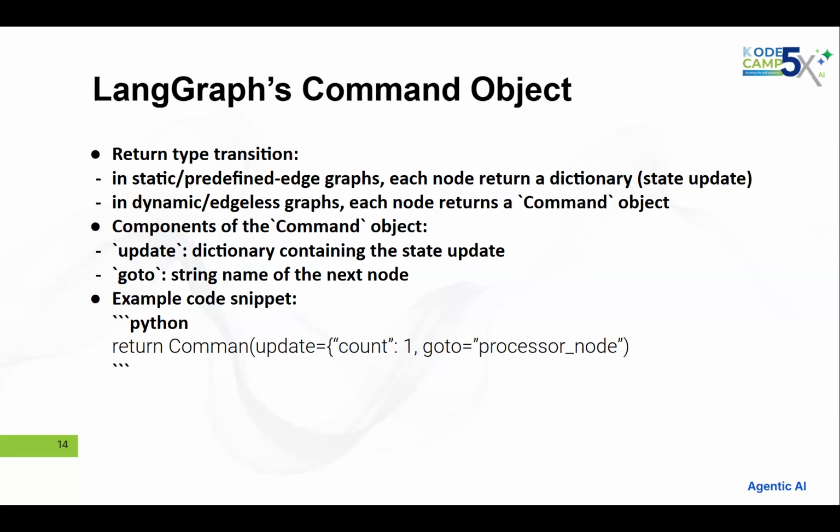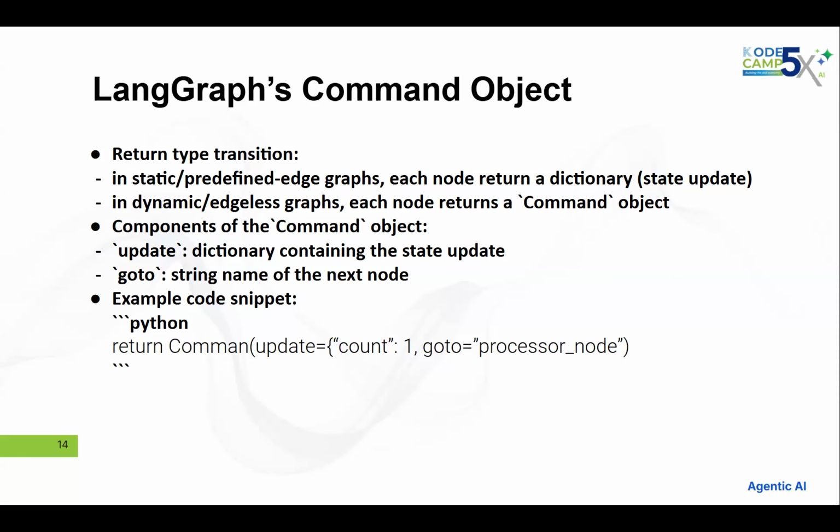If there's any component of the state that you want to update, you just provide that key and the new value you want it to have, and LangGraph knows how to update the state once the node's function returns.